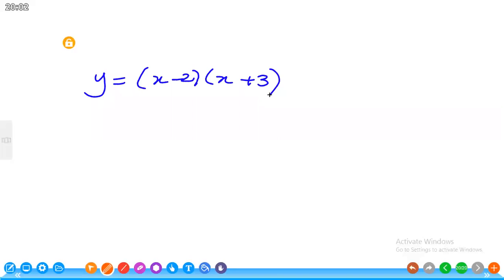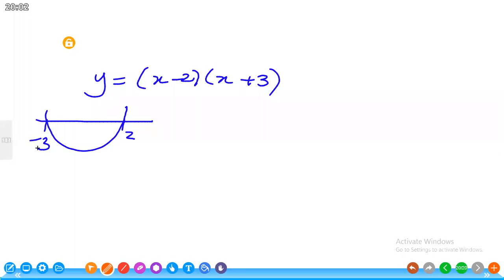Okay, this graph is a parabola with a minimum, right? Because the coefficient of x squared is positive, minimum. The graph cuts the x-axis where y is equal to 0, right? When y is equal to 0, x - 2 is 0 or x + 3 is 0, right? So the solutions are 2 and -3.